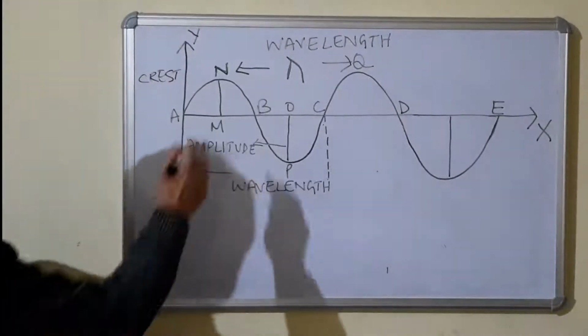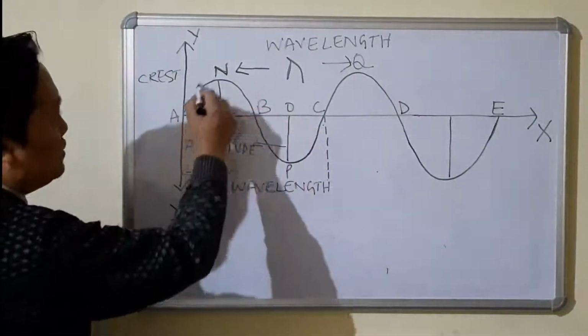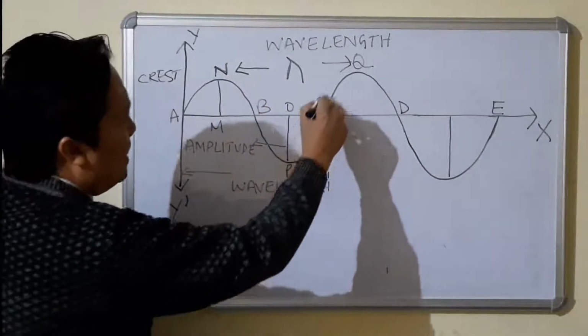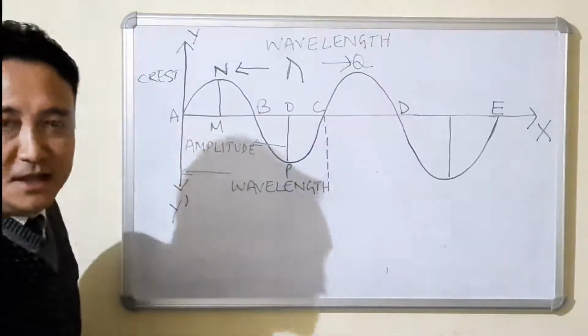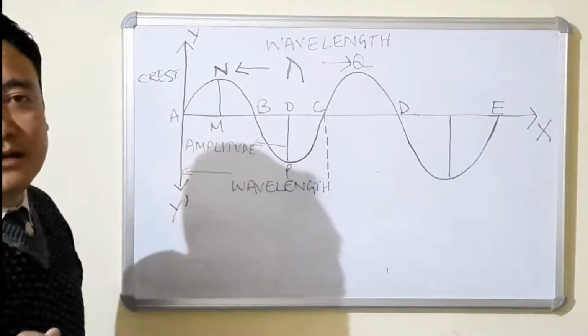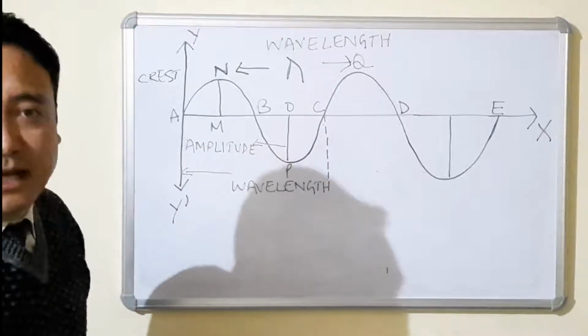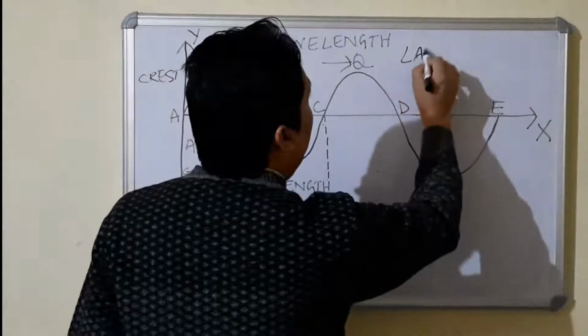Is it clear? N, Q represents one wavelength. So one wavelength means one crest, one trough and one crest, and this length represents one wavelength. This wavelength is denoted by the Greek letter lambda. It is known as lambda.